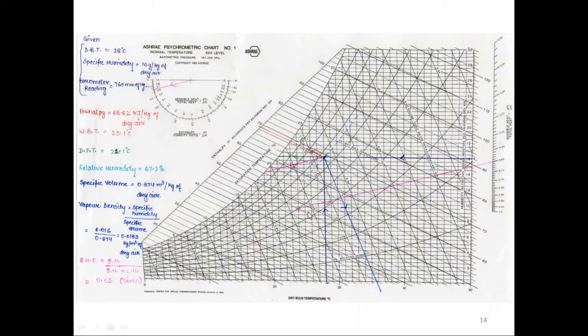So here we are having that point. Now we will draw a line joining these 2 points. From the given point, we will draw a line parallel to this line. So we will get the sensible heat factor line up to the saturation temperature curve.